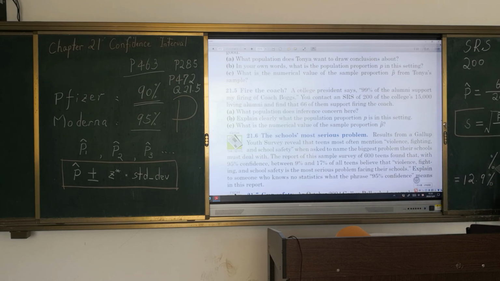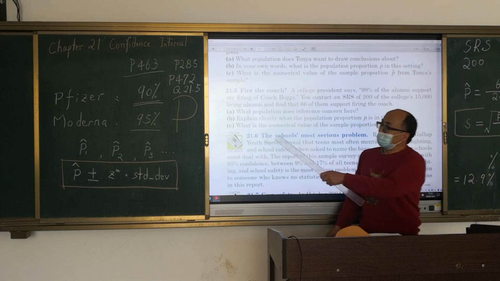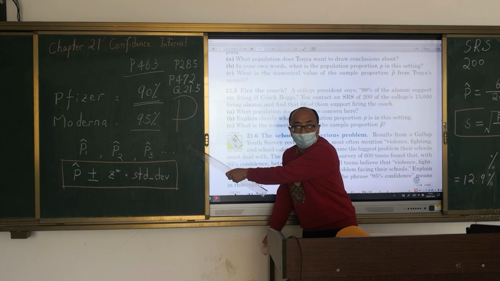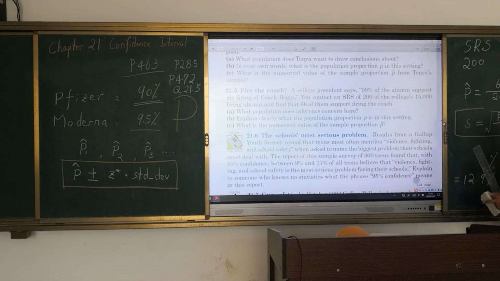So this mysterious P should be 33% plus minus 2 times this.